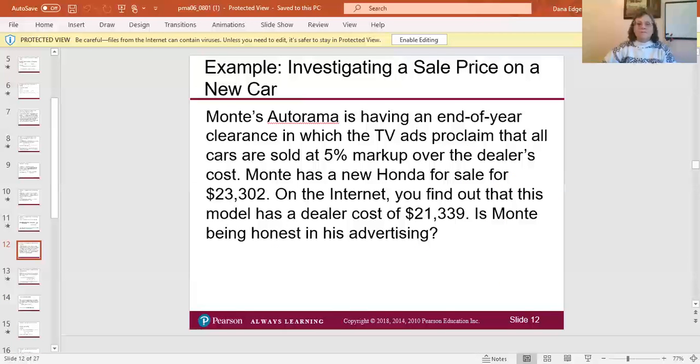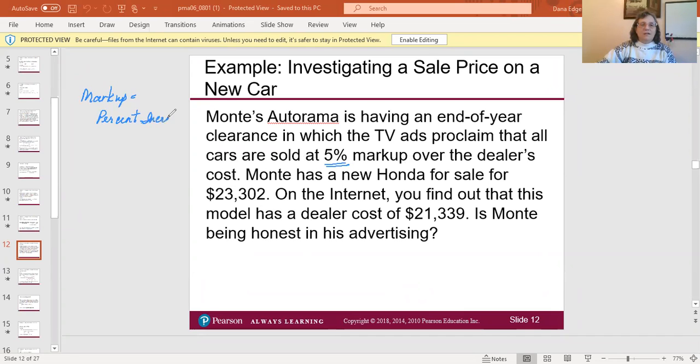Here's another question, another example. Monte's Autorama is having an end-of-year clearance in which the TV ads proclaim that all cars are sold at a 5% markup. A markup is the same thing as an increase, a percent increase. It's going up, so we know it's an increase.